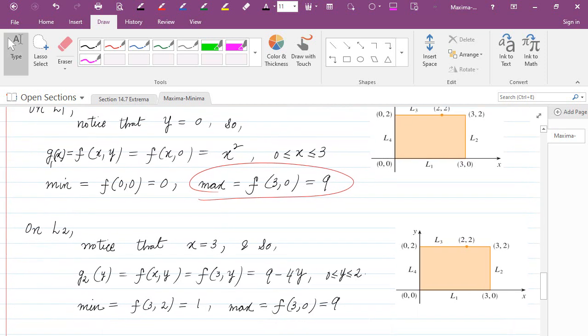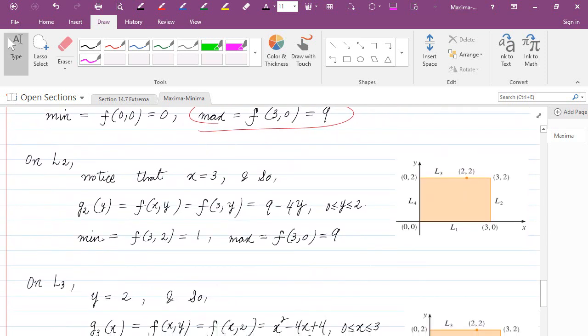Now let's go to line L2. Let me bring back the function formula here so that I don't have to go back.